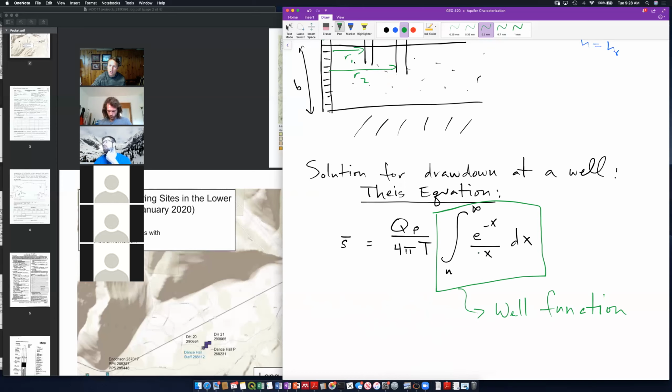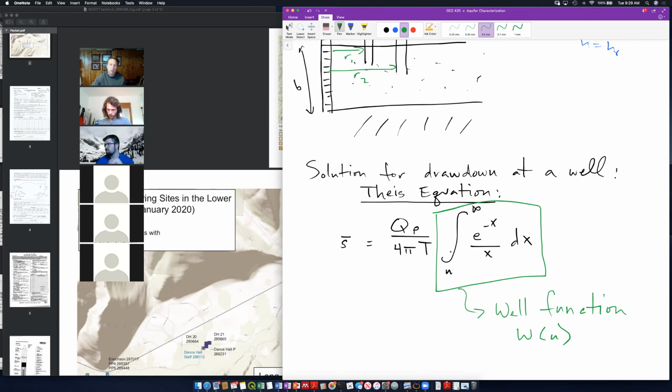So if you want to know the well function, W of u, you put a u in here and you integrate from that u up to infinity across some variable. I could have put anything in here. All you're doing is integrating e to the minus x over x dx from u to infinity.